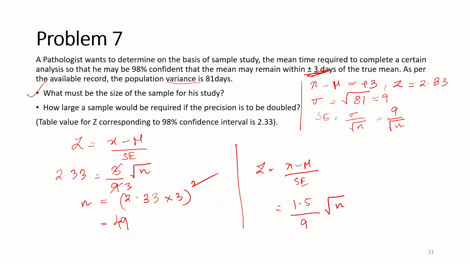The value of z will be the same, 2.33. So I have to calculate the value of n, which will be equal to 2.33 into 1.5 by 9 whole square. Whatever the answer is will be the number of samples that has to be taken for the precision to be doubled.